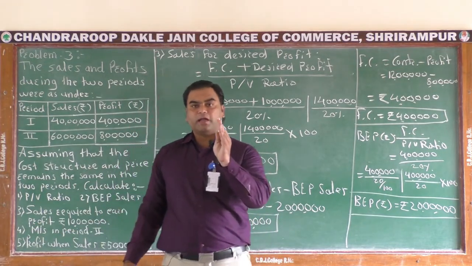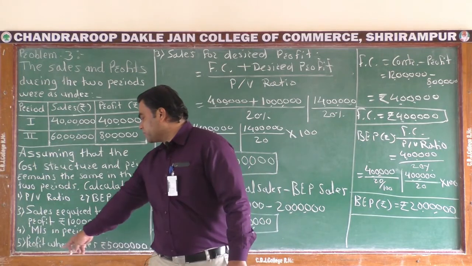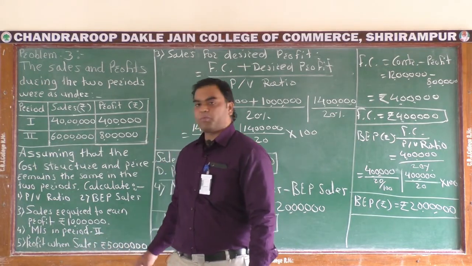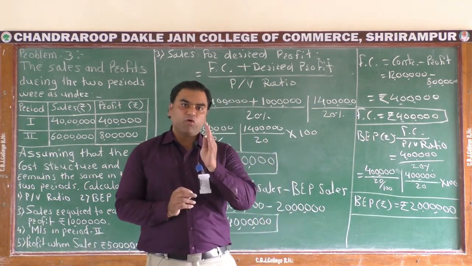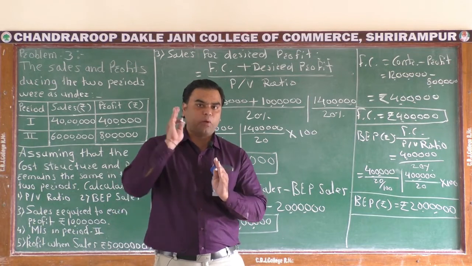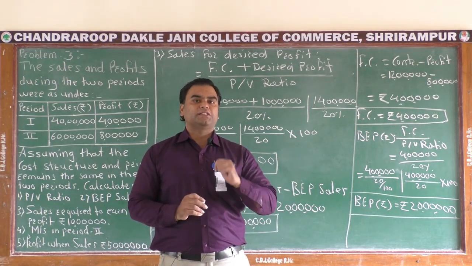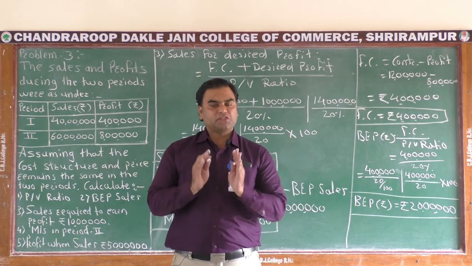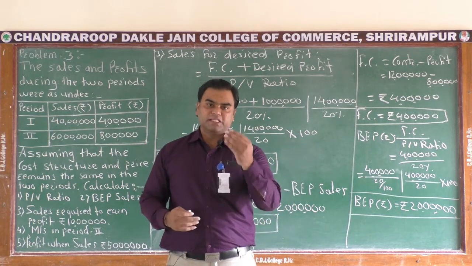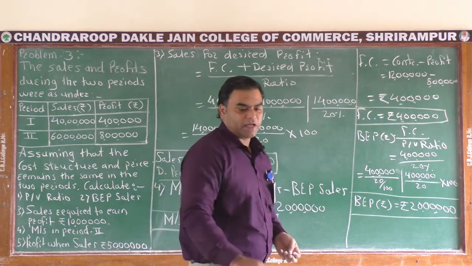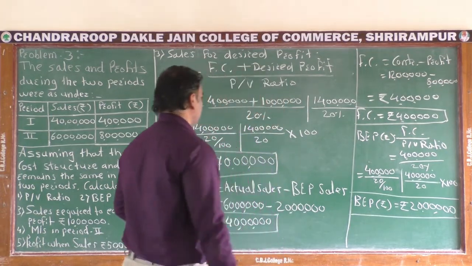Now we are going to calculate the last item, that is profit when sales are rupees 50 lakh. Means what will be the amount of profit when company generates sales rupees 50 lakh.